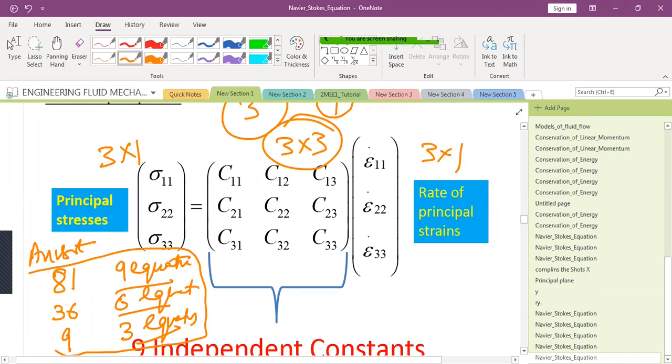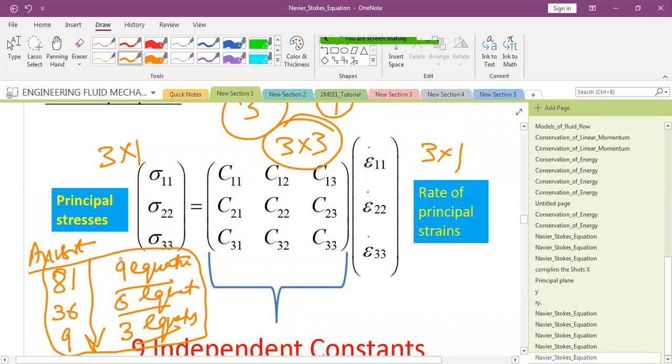So what I have been able to do in this process, I could not actually make the number of equations equal to the number of unknowns, but what could I do? Reduce the number. That is what I could do. Is that clear? Yes, sir.